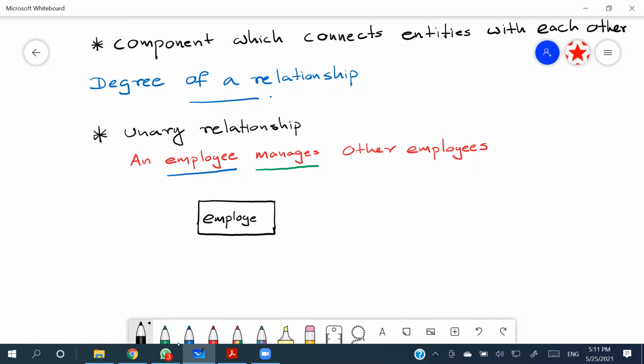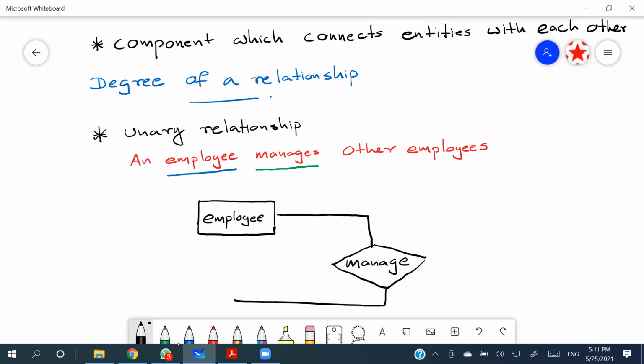Employee is the entity, manage is the relationship, and the same entity is connected from both sides. So this is called the unary relationship.